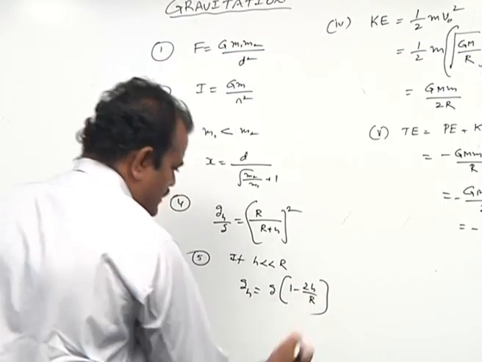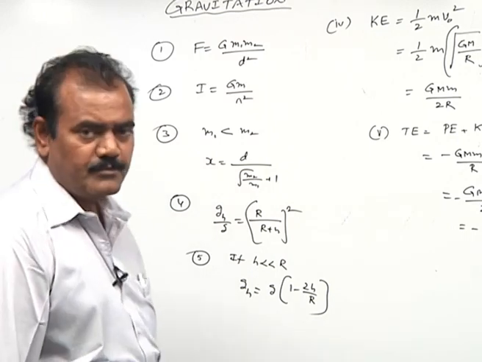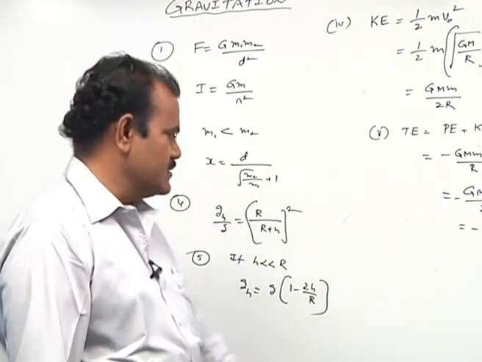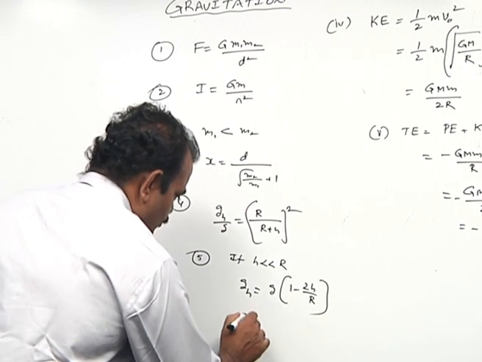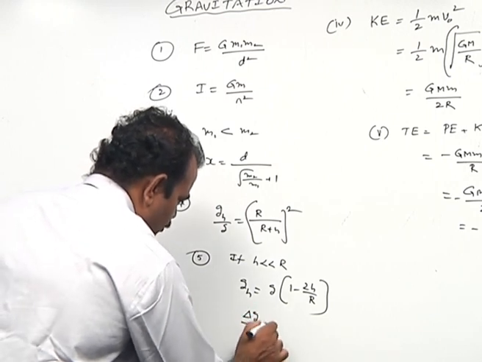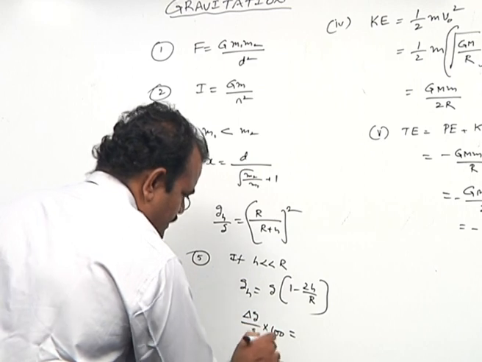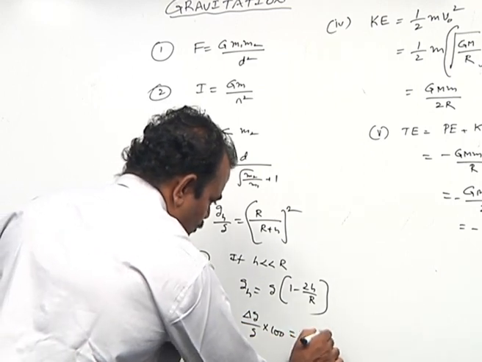Similarly, if h is less than capital R, what is the percentage decrease in small g? For that we take delta g by g into 100, which is minus 2h by R.